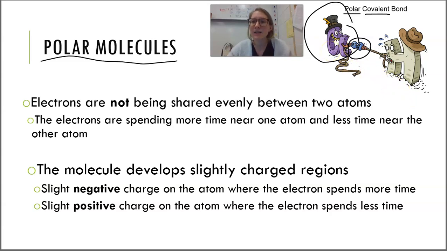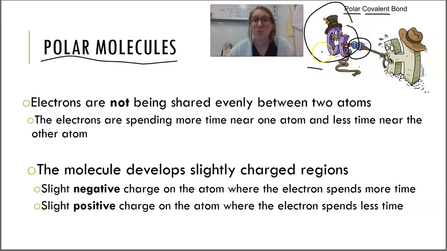What that means is if the electrons are going to be more on this side, this atom is going to have slightly more of a negative charge, because electrons have a negative charge. If one atom is pulling the electrons a little bit more towards it, usually it's because that atom is bigger.